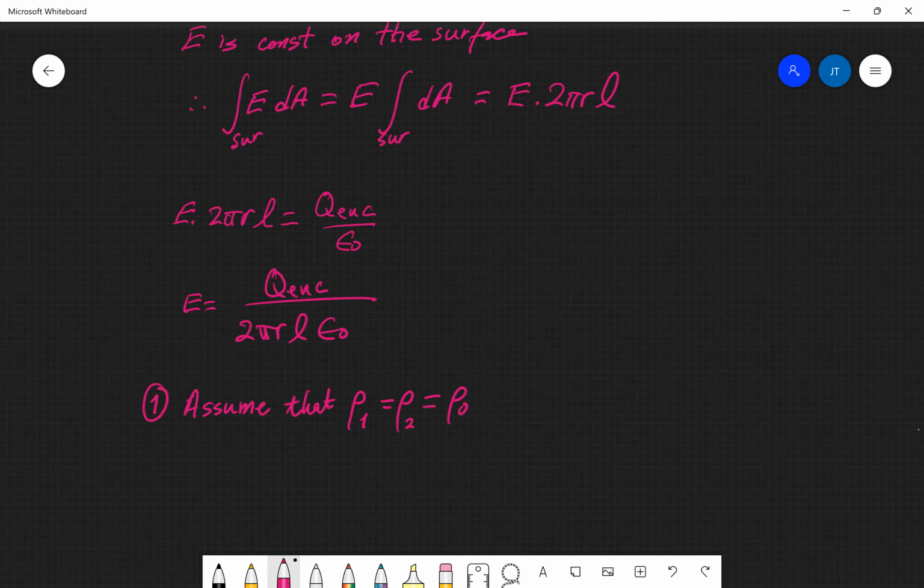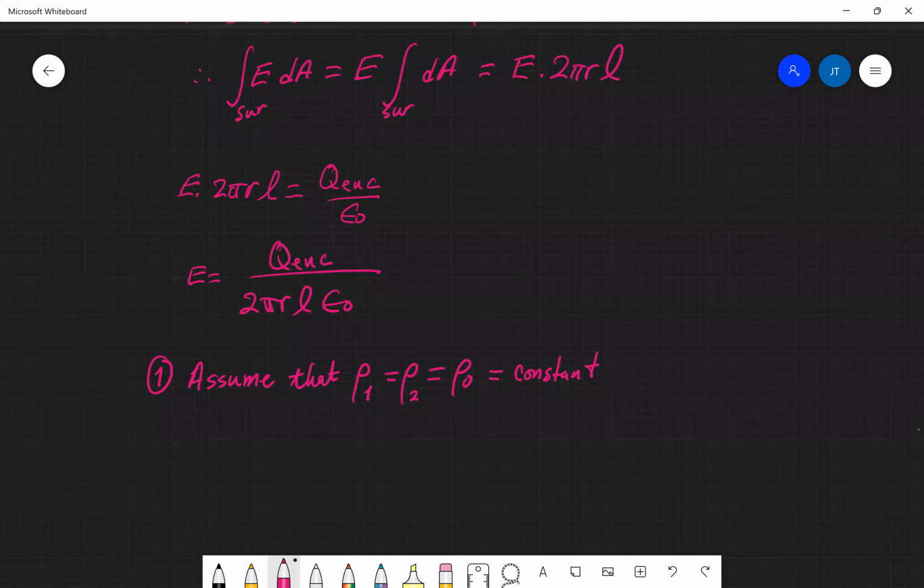We can make them different, but nonetheless constant. Like coulombs per meter cubed or something. Some kind of number.